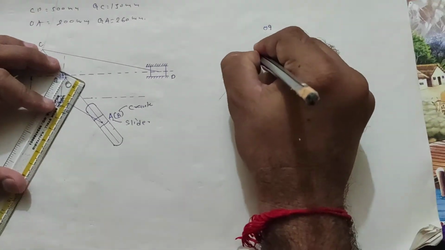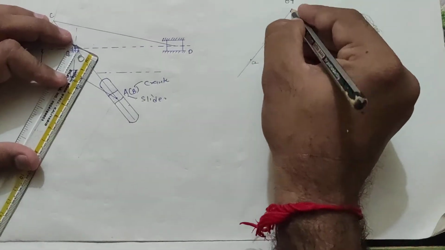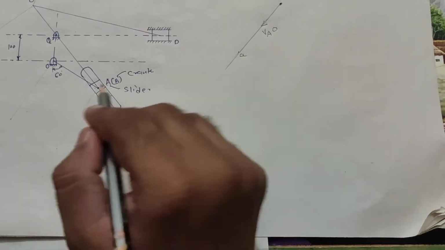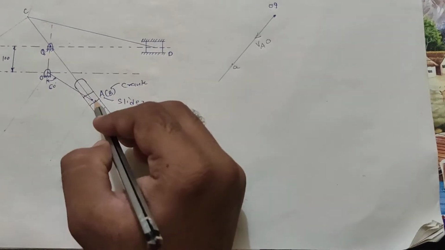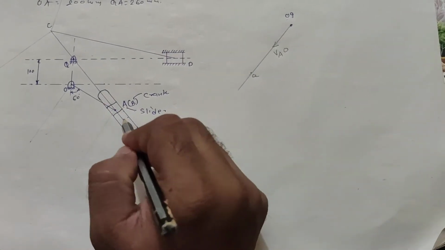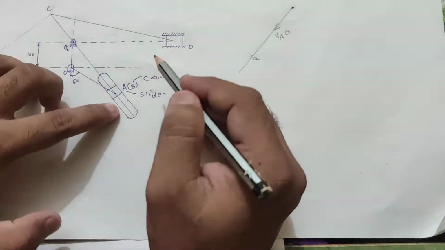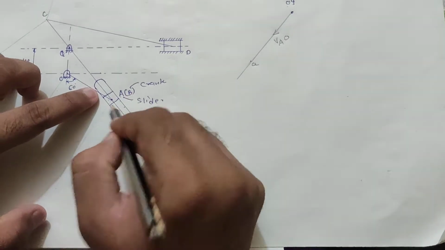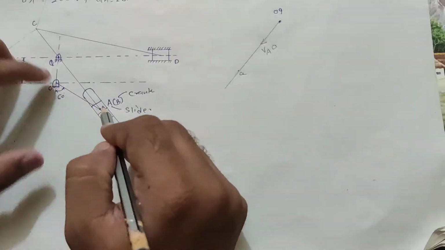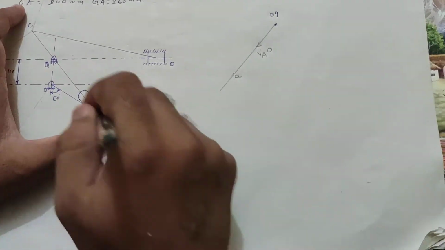This may be written as VAO, with respect to O. Now from point A draw a vector VB. Here you can see that on this link, A is on the slider and B is on the crank. So we have to draw the AB link, which is nothing but the slider.